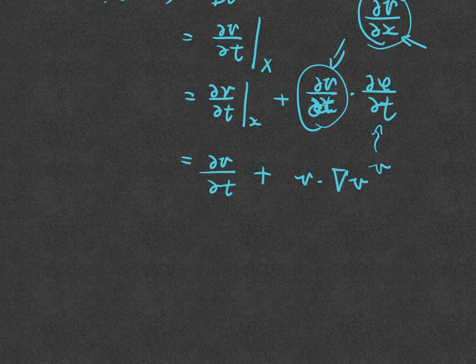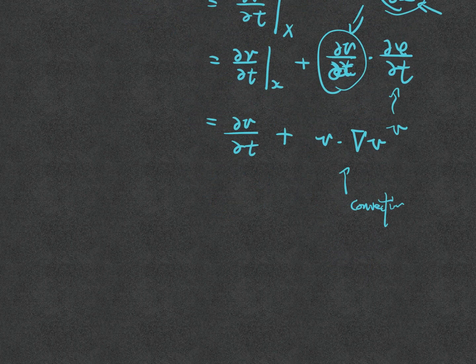Okay, and this is also called the convection term in the literature. And if you take next semester's class on fluid mechanics, you will see a lot of convection terms here. And now in terms of notation, d divided by dt is called the material derivative or material time derivative.